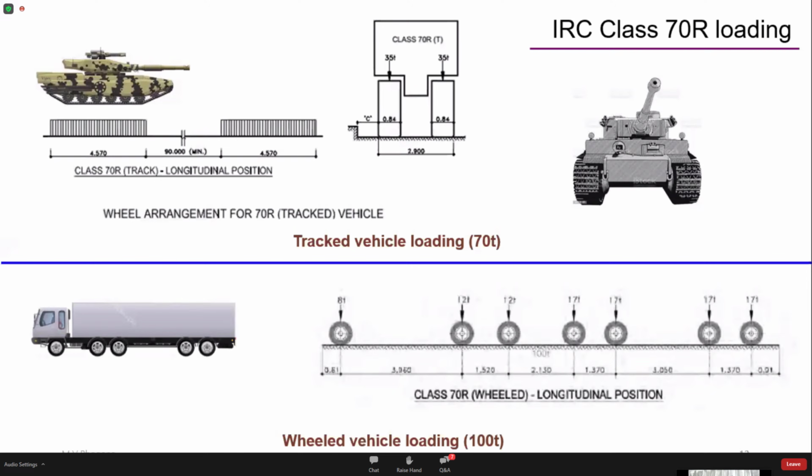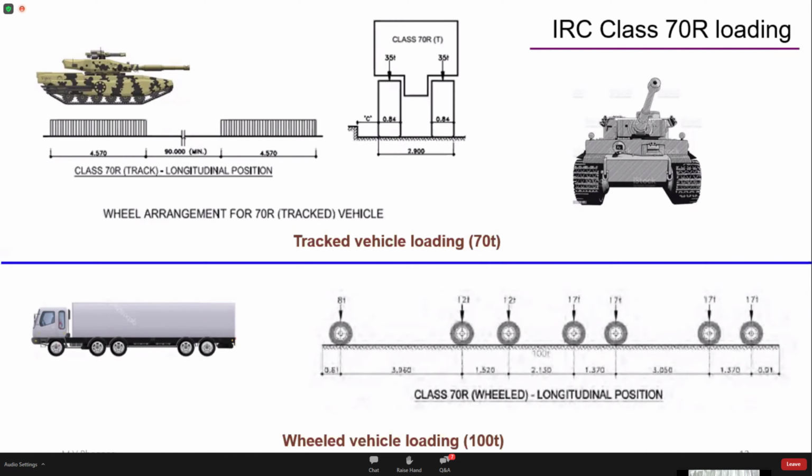So if 70R wheel loading is to be adopted, then the wheel loading is something like this as given here. It consists of a series of axle loads. So what are these axle loads? These axle loads could be something like a vehicle, something like this. We can see the wheels on either side of the axle, and these axles are transmitting various axle loads.